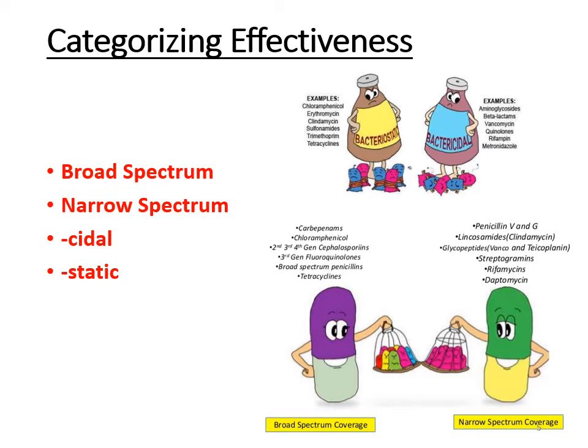Okay, so you have to ask yourself, how do these two differ? Broad spectrum is just like it sounds. It covers a very broad spectrum of bacteria or microbes. So broad spectrum antibiotics will kill a variety of different bacteria.